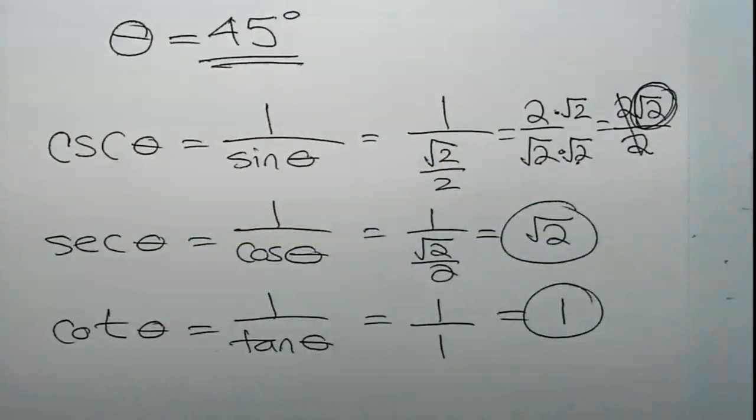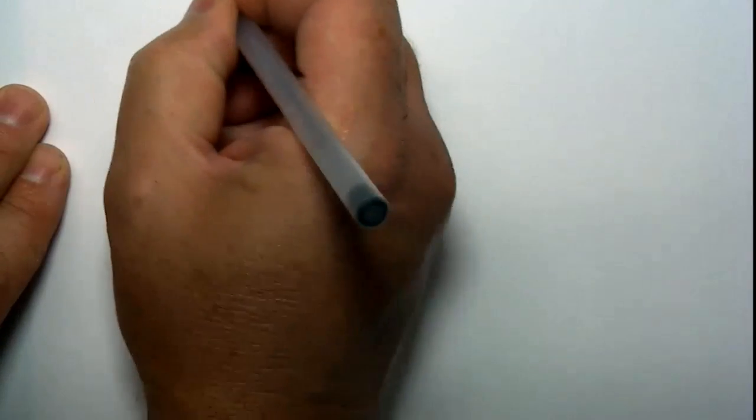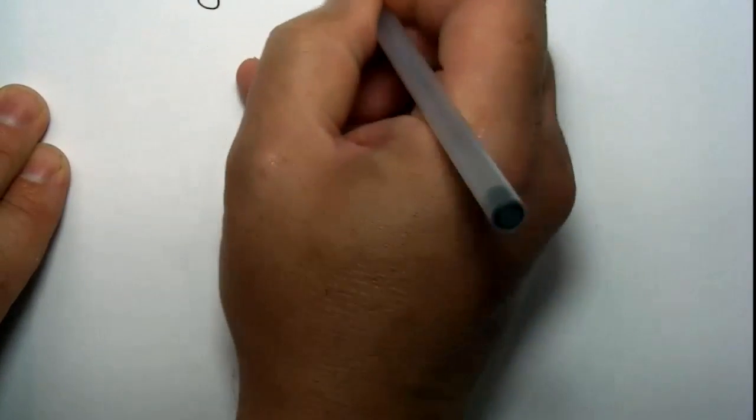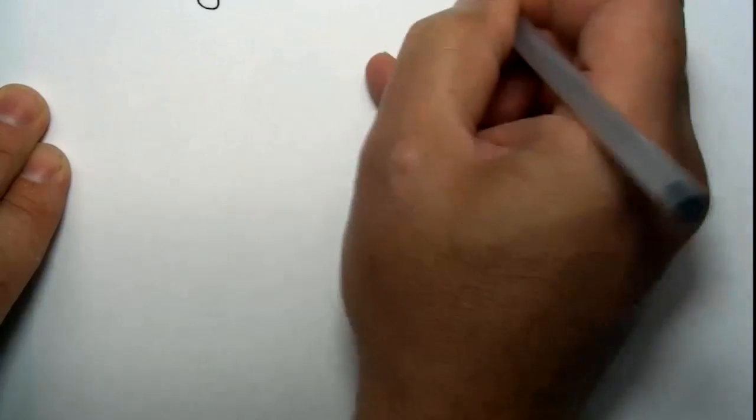So the trig functions have been defined using SOHCAHTOA, but also, what about bigger angles? Angles larger than 90. Or negative angles, for that matter. So let's take a look at a way of figuring out the sine, cosine, and tangent of those angles. So this will be trig functions of any angle.